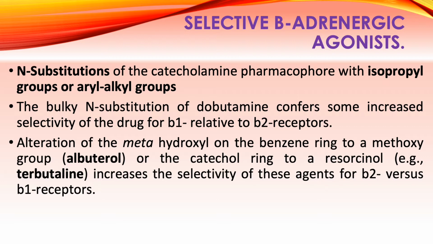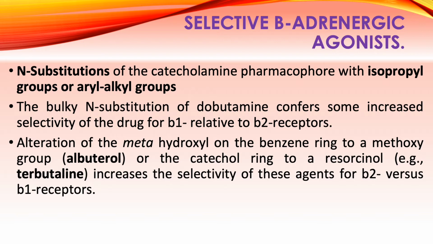I want you to look for the structure of dobutamine. Dobutamine has a bulky N substitution that helps it with an increased selectivity on its beta 1 relative to beta 2 receptor. Dobutamine is useful for acute heart failure due to its positive inotropic actions on our myocardium.